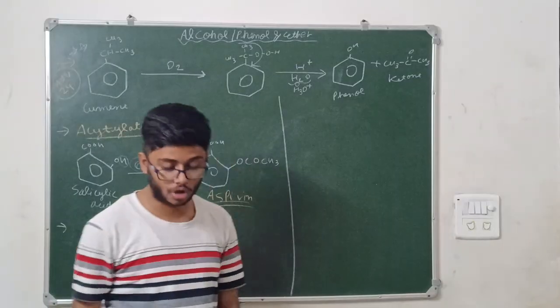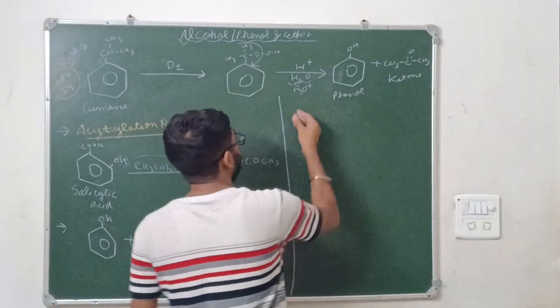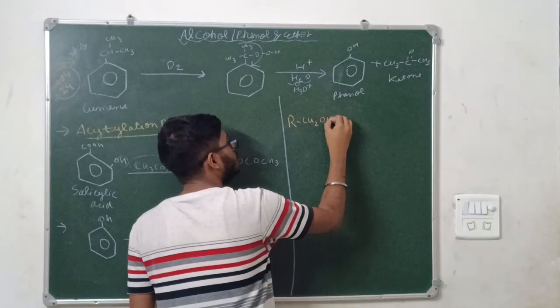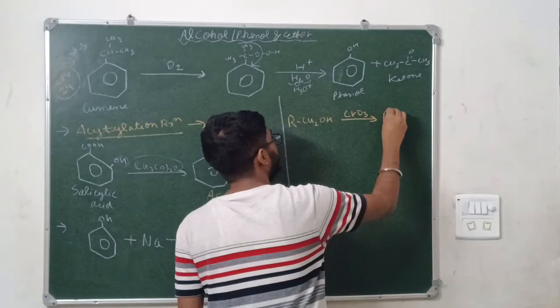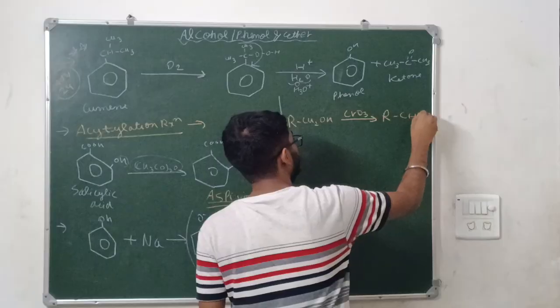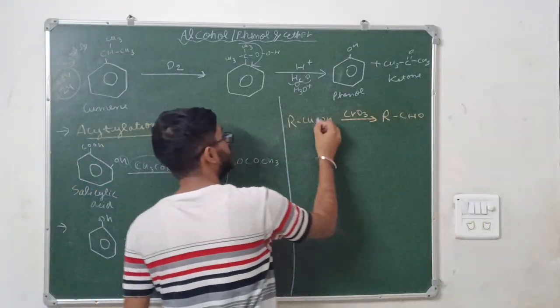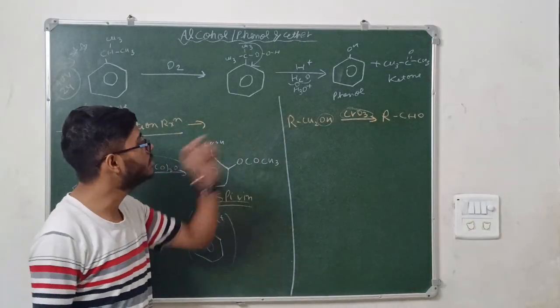Now you have to oxidize this alcohol. How will you oxidize this alcohol? See, if you are given RCH2OH and you oxidize it by adding CrO3, the alcohol will be oxidized to aldehyde. Whenever CrO3 is given, the alcohol will be oxidized respectively to aldehyde.